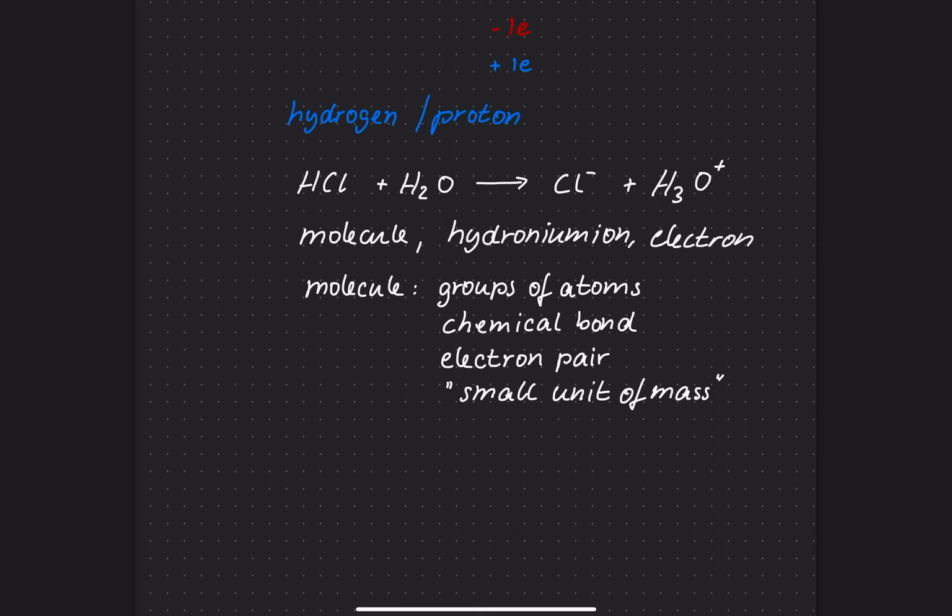We also mentioned hydronium ion. Let's first look at the word ion. Ion comes from Greek, again, a term from Greek, and means going.